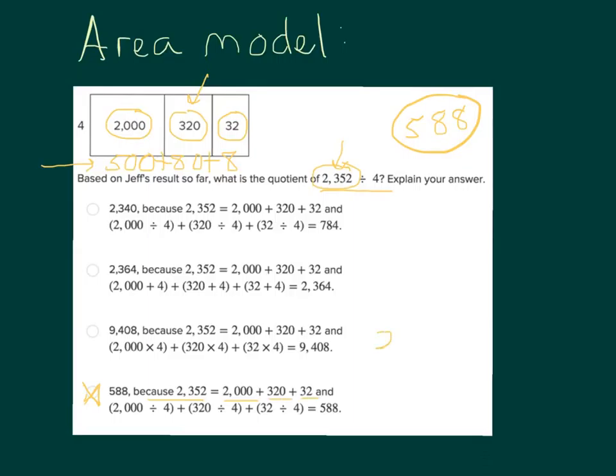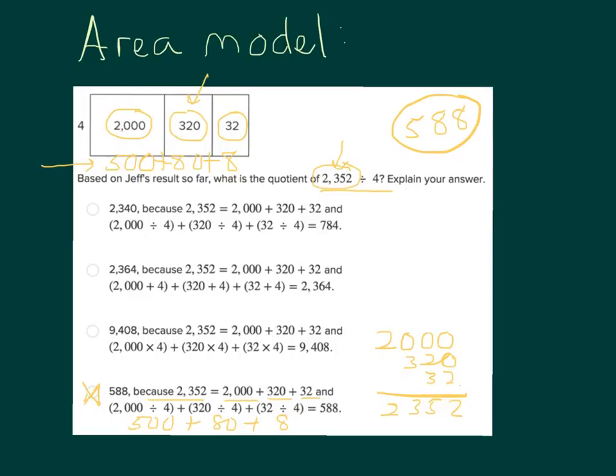If you add those up, it does equal the number that we started with, 2,352. And when you divide 2,000 by 4, you get 500. 320 divided by 4 is 80. 32 divided by 4 is 8, and that does add up to that.